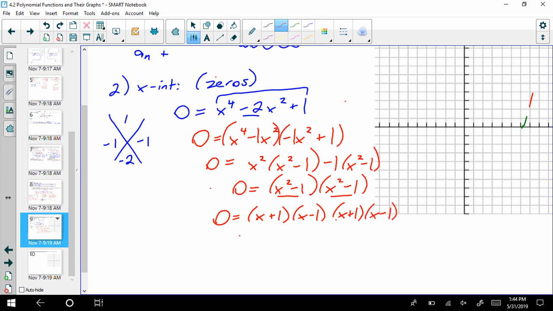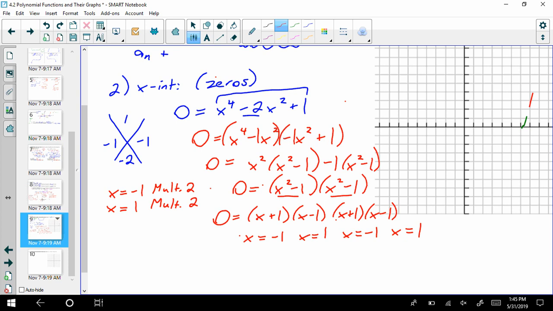If I set each one equal to 0, it looks like I get a 0 of -1 with a multiplicity of 2 and a 0 of 1 with a multiplicity of 2.